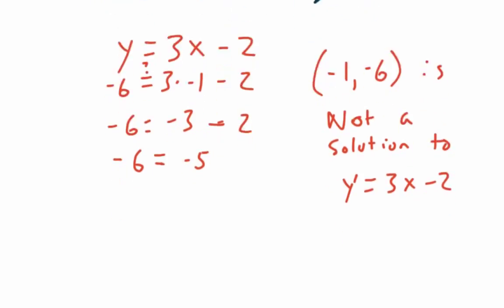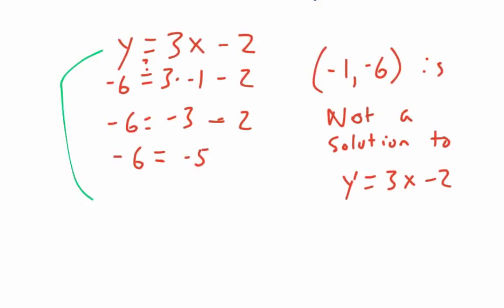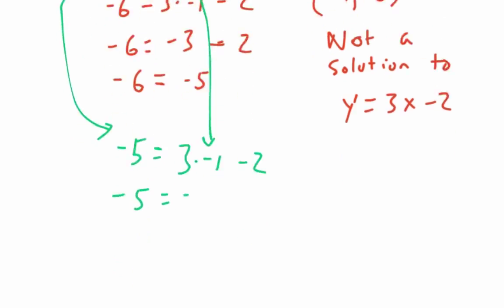If I'd put my negative 5 in for my y, and negative 1 was my x value, then instead of the 3x, I have 3 times negative 1 minus 2. I'd end up with negative 5 equals negative 3 minus 2, negative 5 equals negative 5. So once you get that, then okay, yes, now I know the point negative 1, negative 5 is a solution. It is on the line.